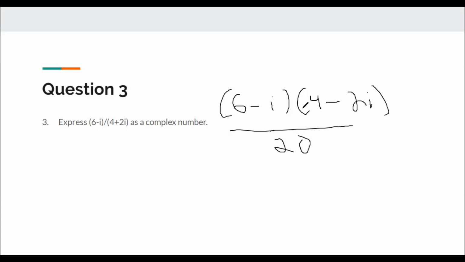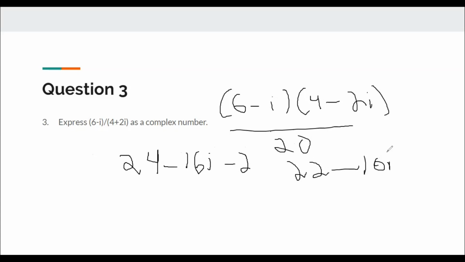Now we can distribute the numerator, and that's going to be 24 minus 12i minus 4i plus 2i squared. So 24 minus 12i minus 4i, which is 16i, plus 2i squared, which is just negative 2. So 22 minus 16i over 20. So that's our answer.